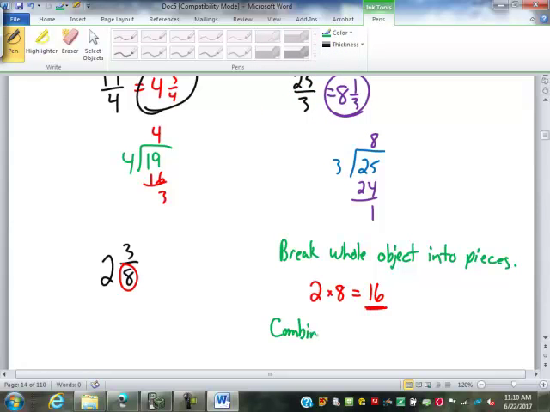Then I take that and combine with the other pieces that are already there, that would be the 3. So 3 plus 16 is 19. Those are all still 8s. Perfect.